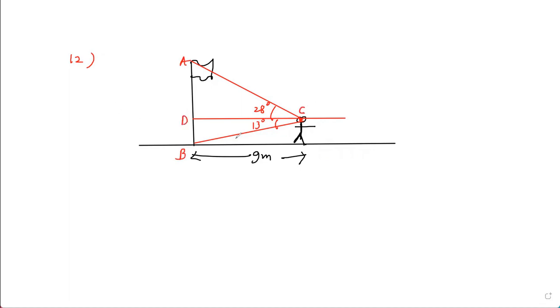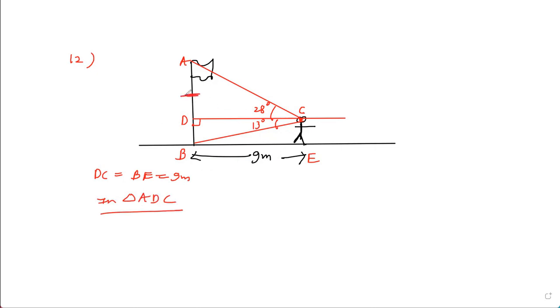So let us deal one by one. Now, let me name this point as E. So if BE is 9, then obviously DC will be also 9. Okay, so we'll write it here that DC is equal to BE equal to 9 meters. Now, in triangle ADC, we'll again apply the concept.